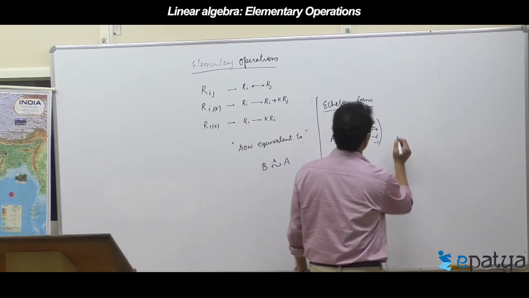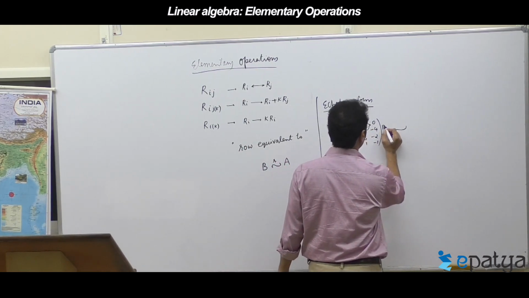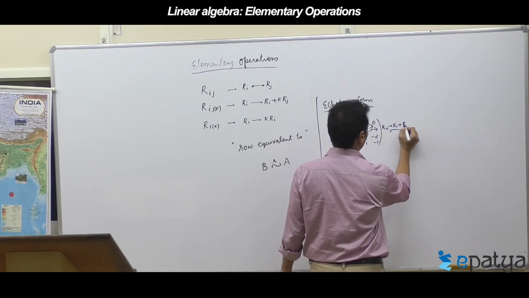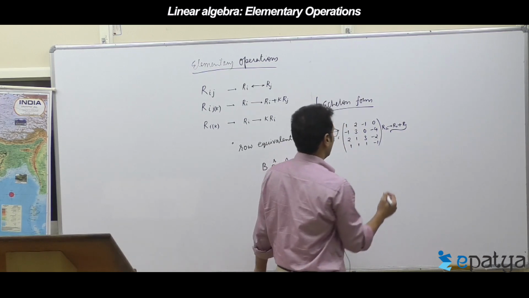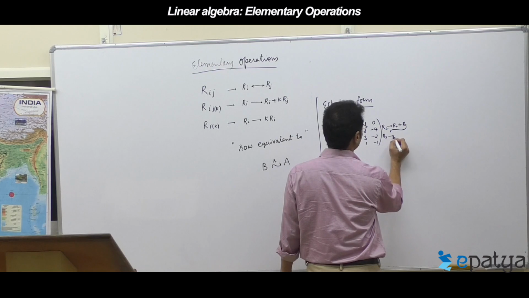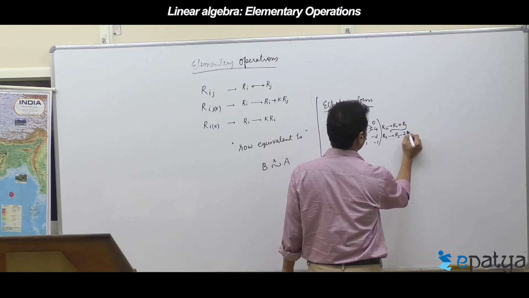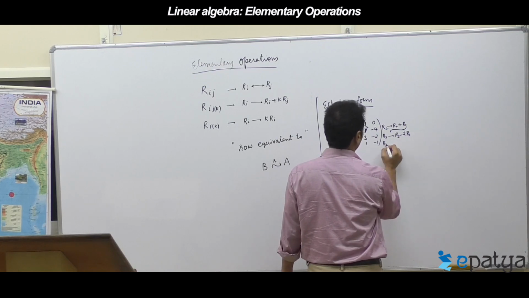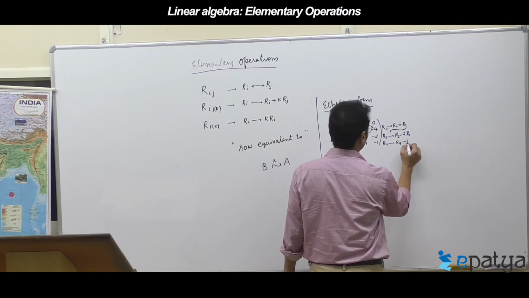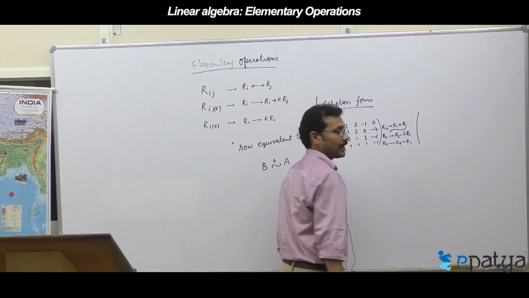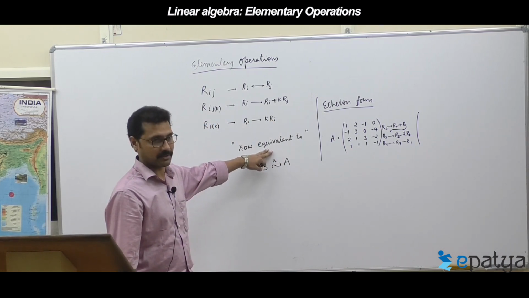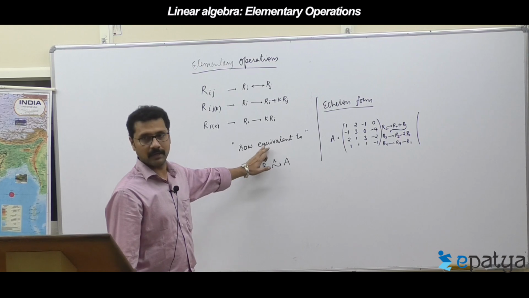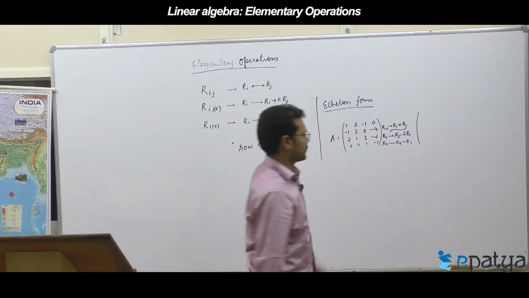Anyway, to find this, obviously we are going to go with row operations. Row 2 becomes row 2 plus row 1, properly an elementary row operation, then row 3 becomes row 3 minus 2 times row 1, and row 4 becomes row 4 minus row 1, which gives me another matrix, a row equivalent matrix.